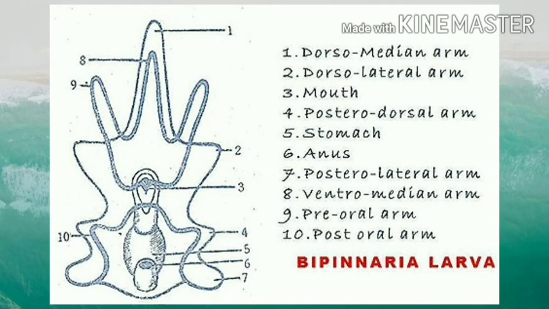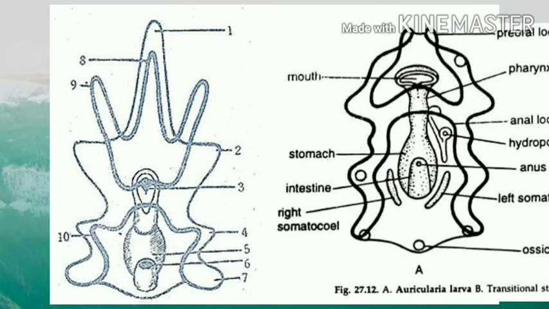The preoral lobe is highly developed, and the postoral ciliated band appears longitudinally placed and forms a complete ring between the mouth and anus. This bipinnaria larva bears a close resemblance to holothurians. So we will see the resemblance with the holothurians later in this video.